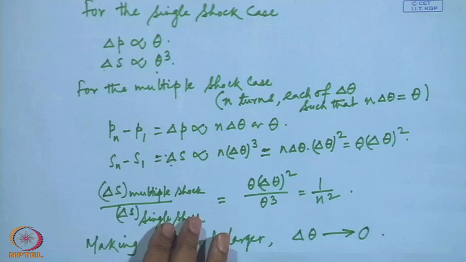Now, if we continue this process of subdivision, we can make this delta theta infinitesimally small, making n larger and larger, and delta theta approaches 0. And what we achieve is basically a turn through a smooth curved wall.